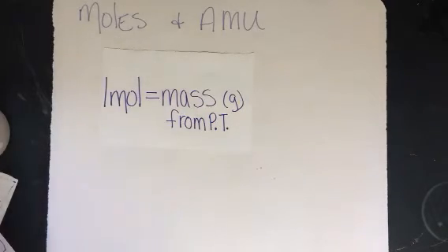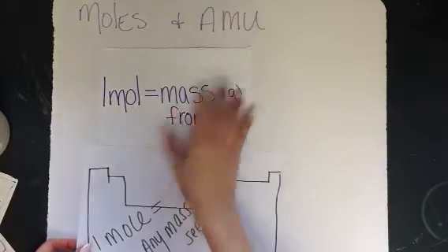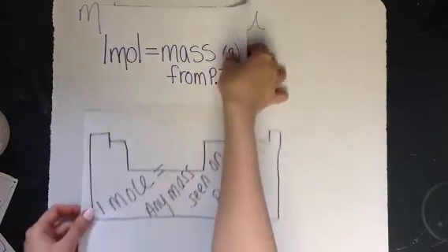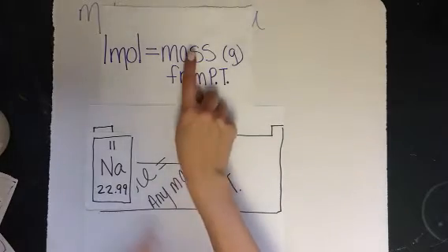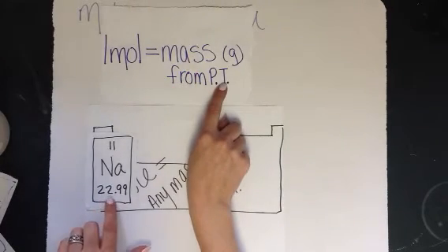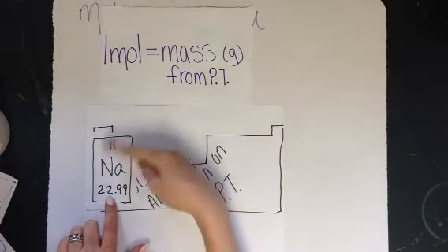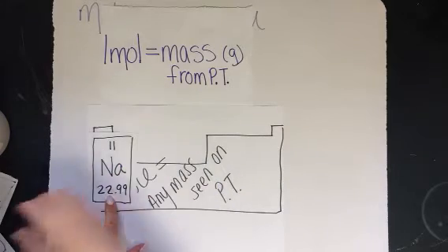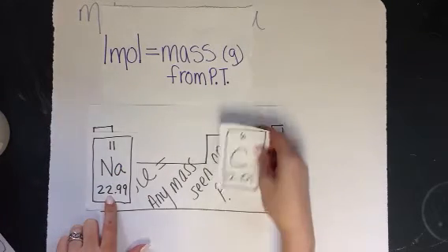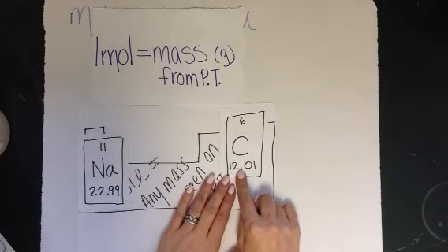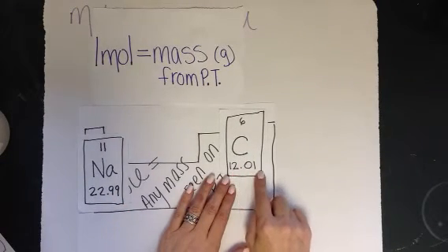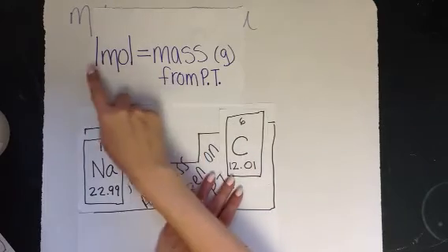So, for example, again, from my periodic table, if I bring back sodium, this mass from the periodic table of sodium is equal to 1 mole. So let's take a look at another atom. How about carbon? This mass seen here on the periodic table, 12.01, is equal to 1 mole.